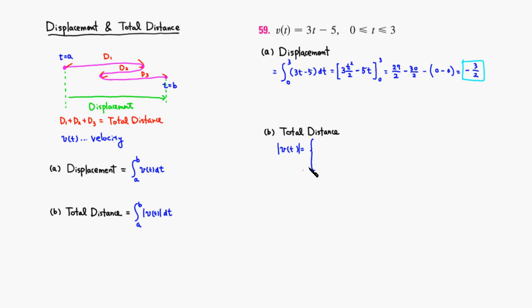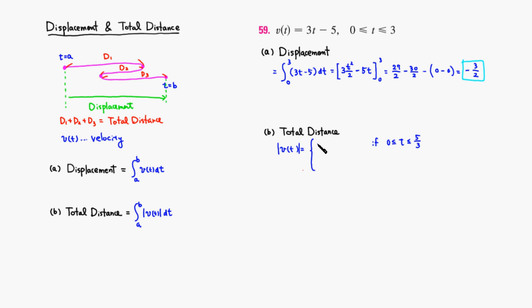It looks like when t equals 5 over 3, it becomes 0. So say t is between 0 and 5 over 3. If t is between 0 and 5 over 3, the velocity is negative, which means that the absolute value sign will actually negate it to make it positive.